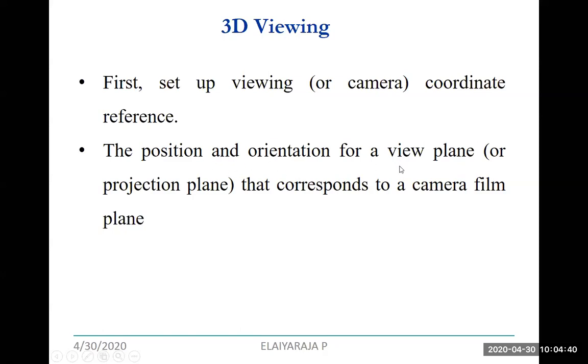So here the position and orientation for the XY plane, that we call the projection plane, right? That corresponds to the camera film plane, right? From the Z view, we look into your XY plane, whether it is a parallel or perspective projection you are going to see.